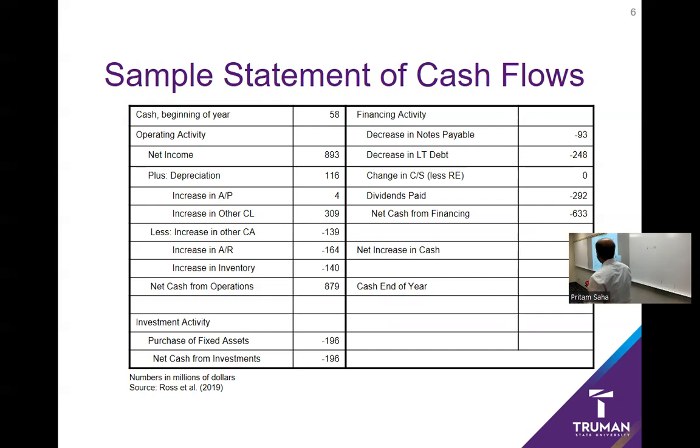Your investment in fixed assets. This is financing. If you look carefully, this includes both liability holders, debt holders, and also equity holders. So in the statement of cash flow, they combine cash flow to equity and liability holders under financing activity, whereas they segregate cash flow from assets into operations and investments.